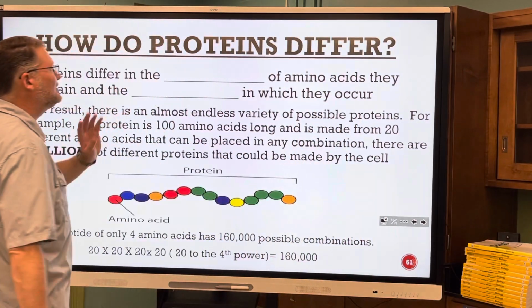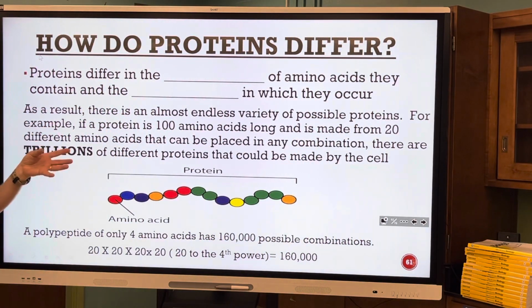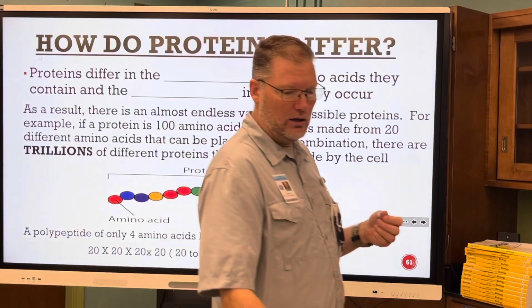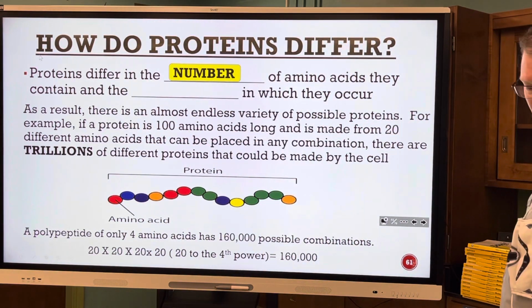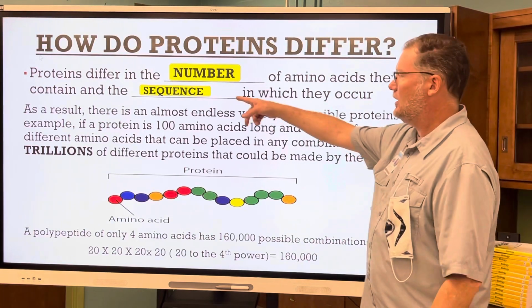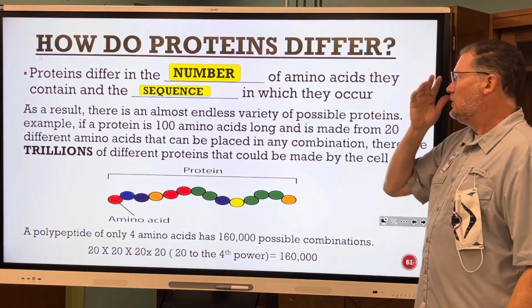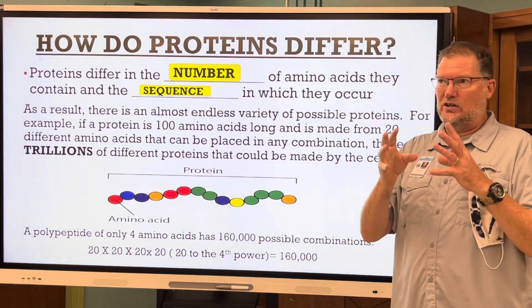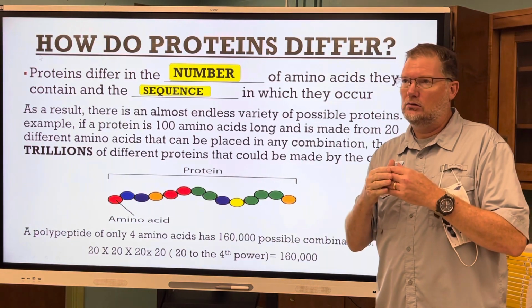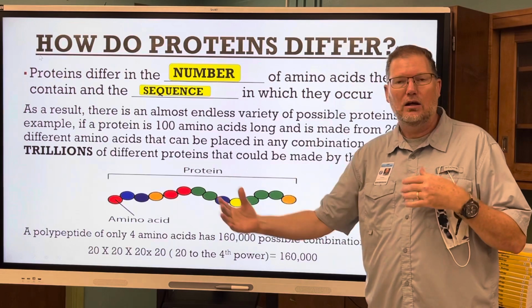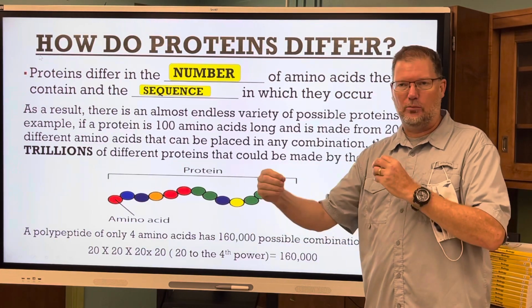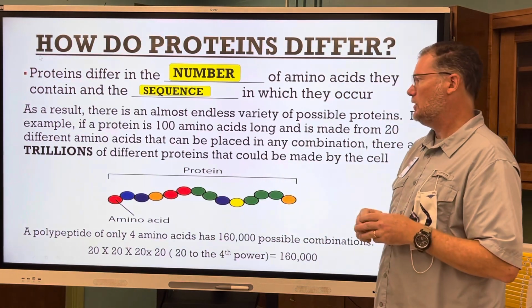So how do proteins differ? Well, proteins differ in the number and kind of amino acids that they contain. That's the kind, in the sequence. Some of them could be 150, some of them could be 280 amino acids. It's all different numbers and all different arrangements.